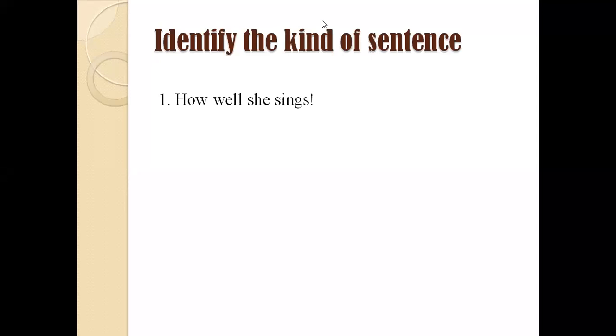Okay, I want all of you to answer. I'm waiting for your answer. Okay, now some of you have said that it is an assertive sentence, and some of you said it is an interrogative sentence.